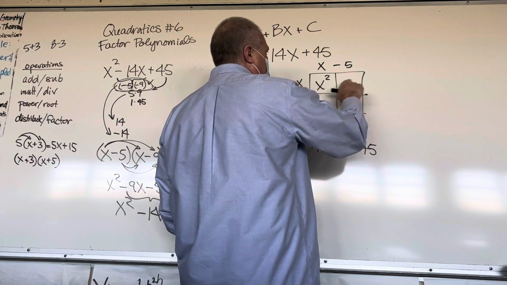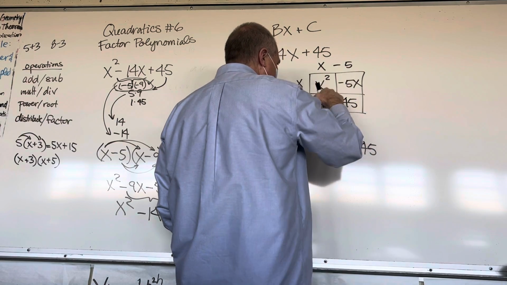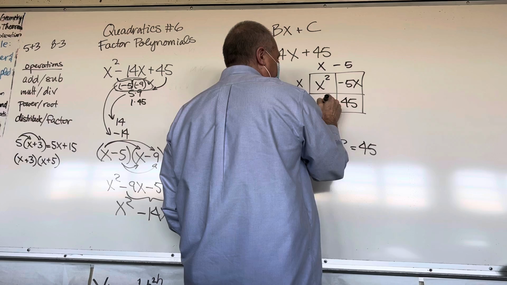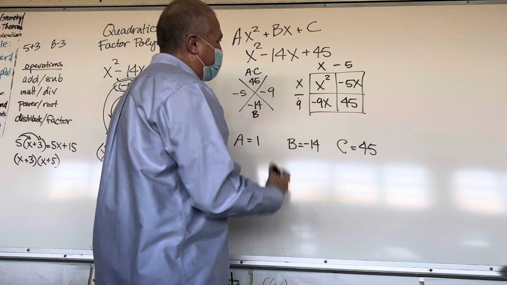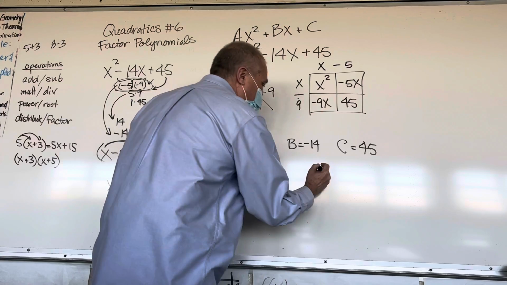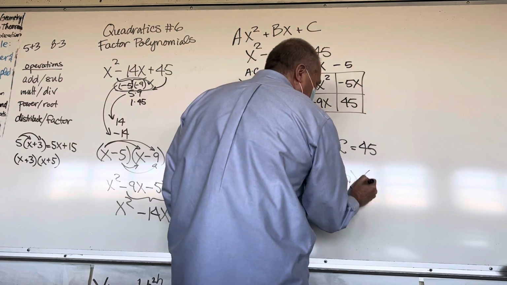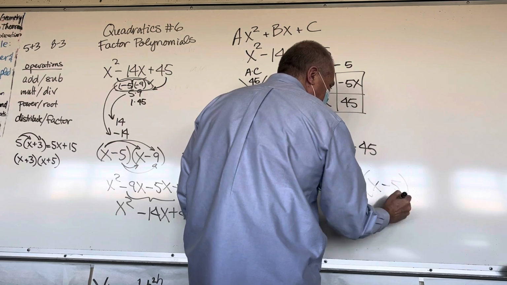If you came across this way and said minus 5 times the x, you'd get minus 5x here. If you did the x times the minus 9, you'd get minus 9x here. And this gives you the basis of it: see the x minus 9 as one of your binomials, and the x minus 5 as the other.